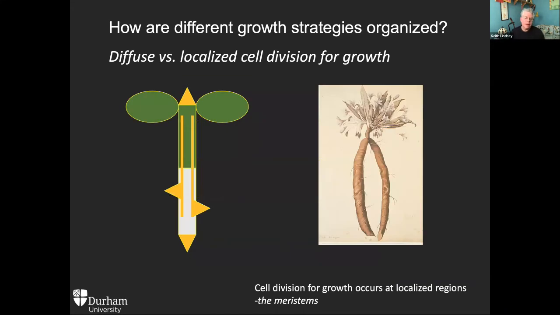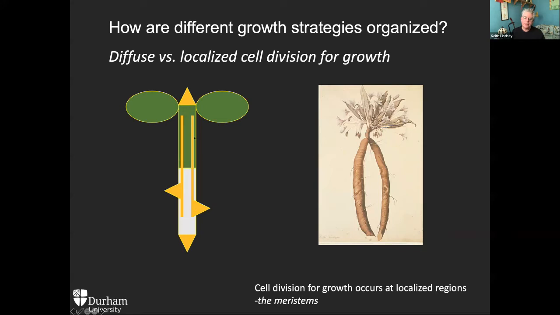So this is my diagrammatic representation of where some of the main meristems are in a simple plant. You have a group of cells at the tip here, at the shoot tip, which will divide to form leaves and other aerial structures. You have meristems at the tip of the root, at the side of the root. Lateral roots develop here, and I'm going to talk a little bit about that.